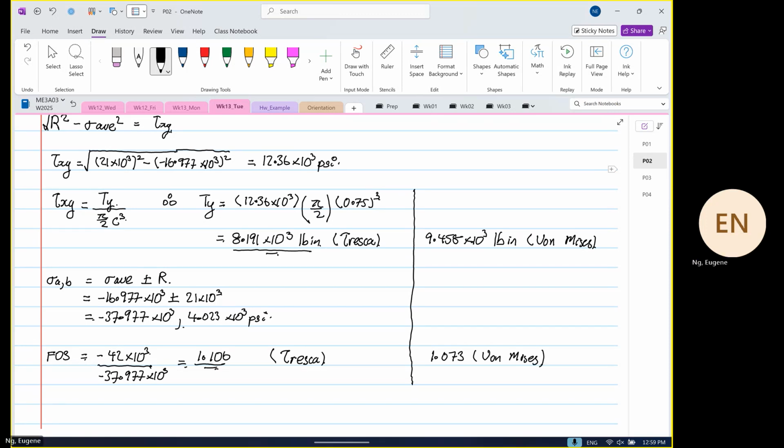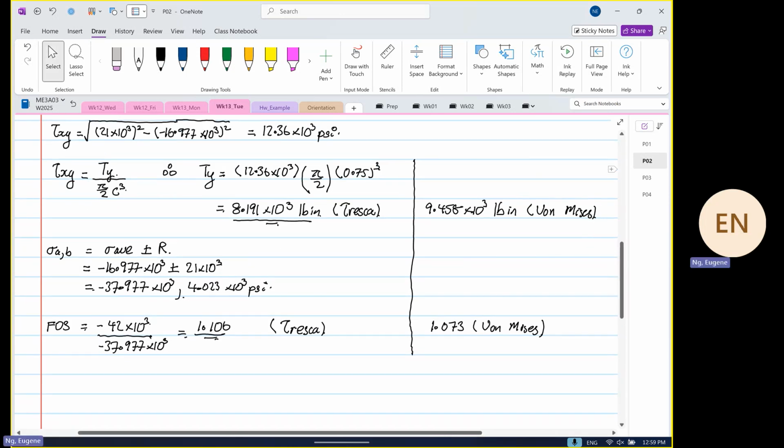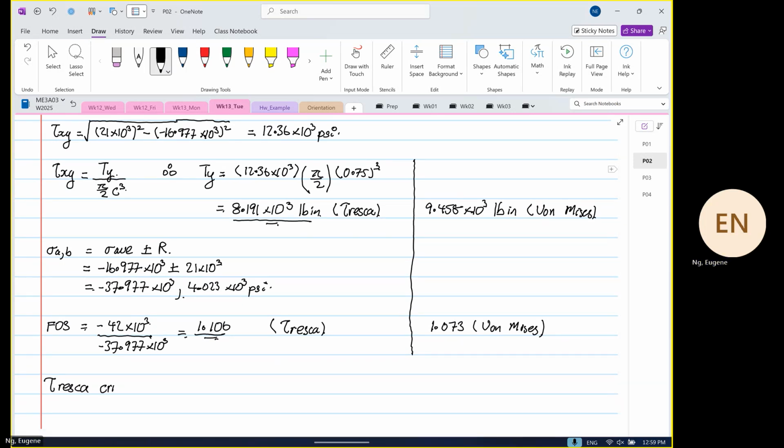So from here, we can make a statement: is the Tresca criteria more conservative when compared to von Mises? Yes or no?